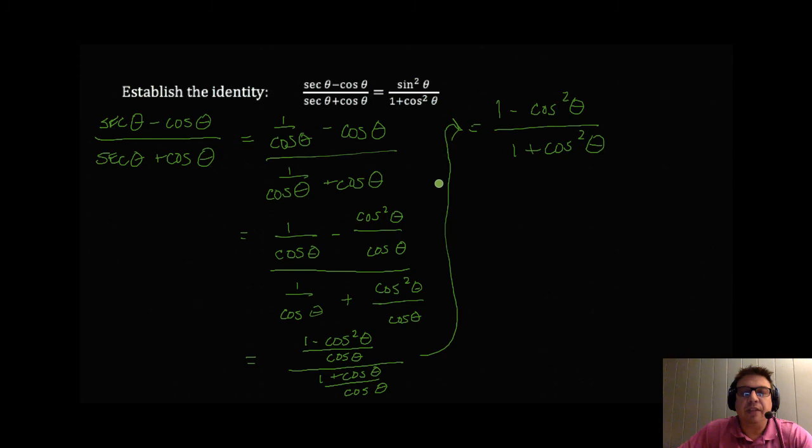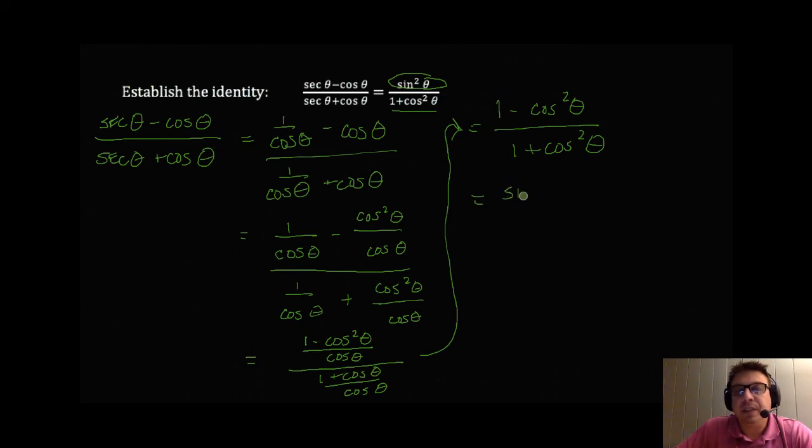So this is kind of nice, right? I now have the denominator that I need, but I need to get this numerator. So somehow sine squared theta has to come into play. Again, I got that magical number 1. So I'm going to take that 1 and I'm going to use the Pythagorean identity to switch this out.